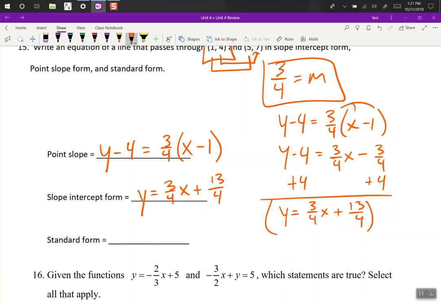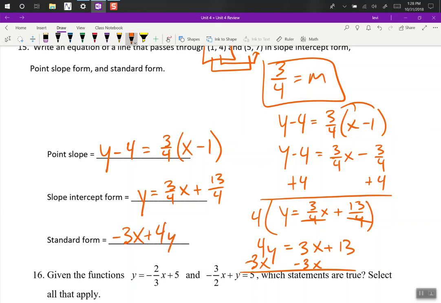Multiplying by the denominator. So we multiply by 4, we get 4y equals, and then 4 times 3/4 x, the 4's can't simplify, so we are left with 3x, and 4 times 13/4, the 4's simplify again, and we're left with 13. So we'll subtract 3x from both sides, and our answer would be negative 3x plus 4y equals 13.